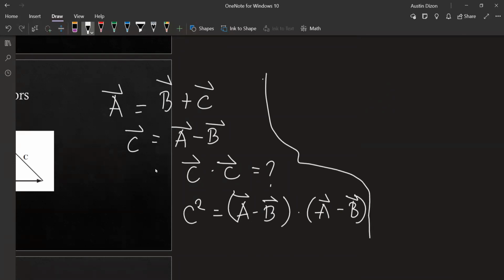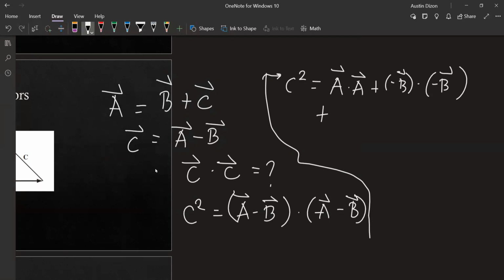Punta tayo dito. So, gawin natin to. Gawin natin tong part na to. So, C squared. Sulat lang natin, C squared. Tapos, A dotted with A. Tapos, negative B dotted with negative B. And then, yung cross terms natin.